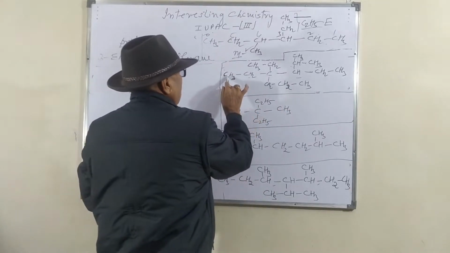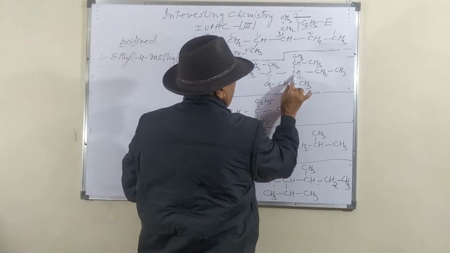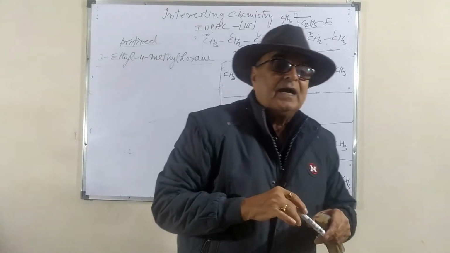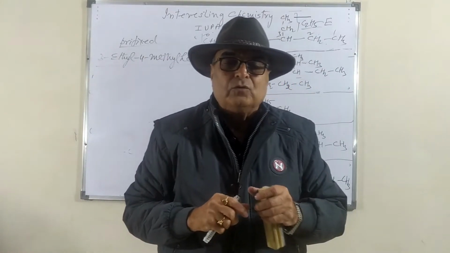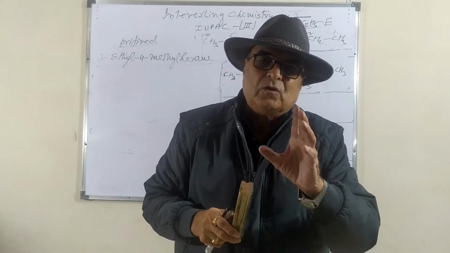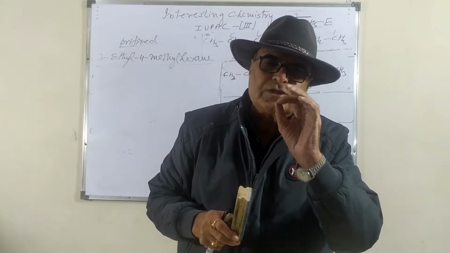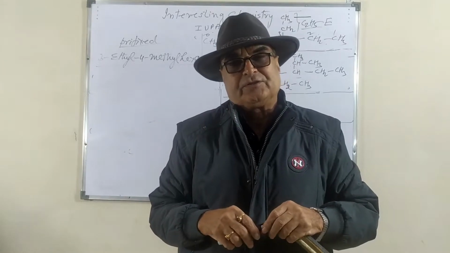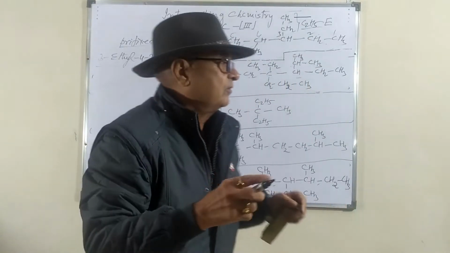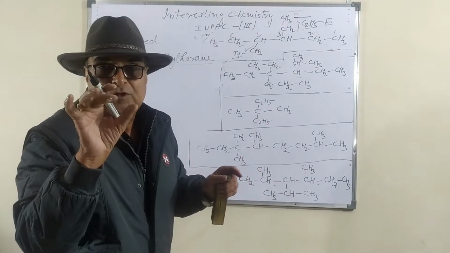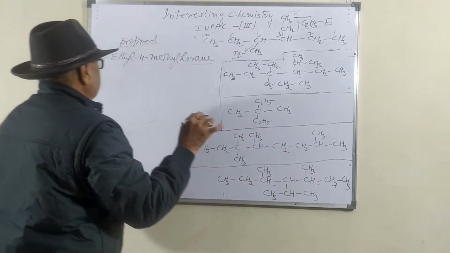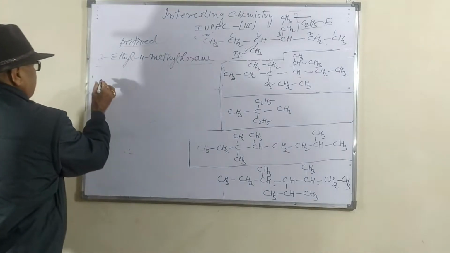Again 6 carbons. So you found the longest chain of 6 carbons, and there are 3 longest chains in this. There are 3 possibilities. Which longest chain will you select? So here I am giving this structure.